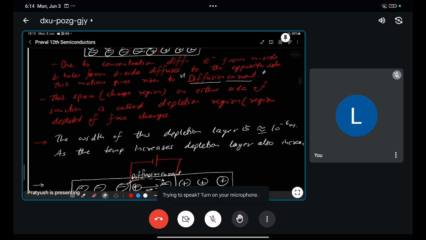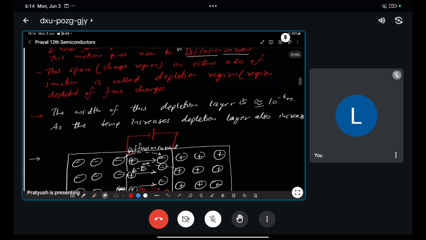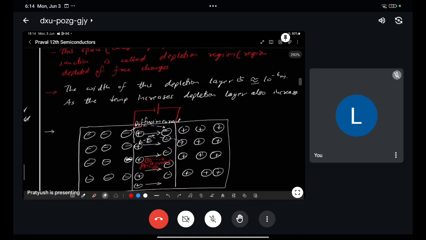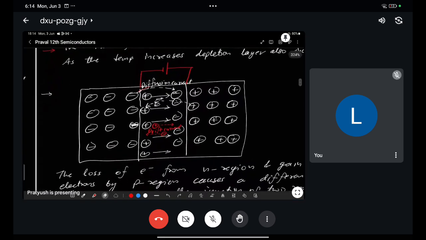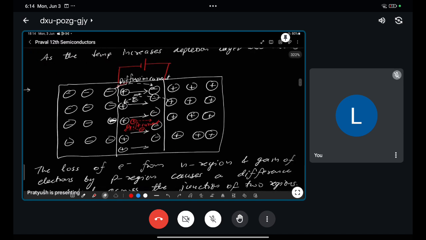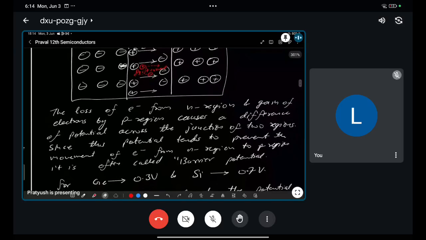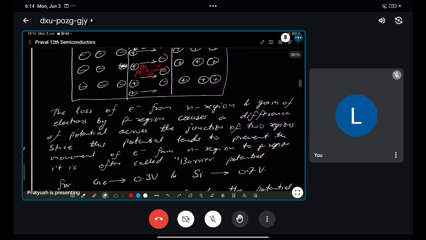Now, next, what do we do? Because of this movement of charge, a current is formed that is called diffusion current, that we have seen.